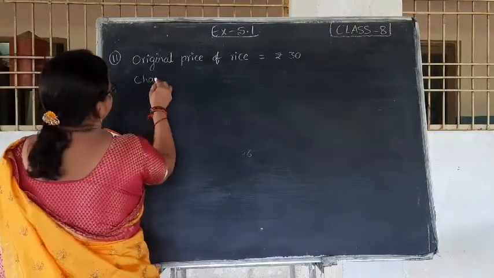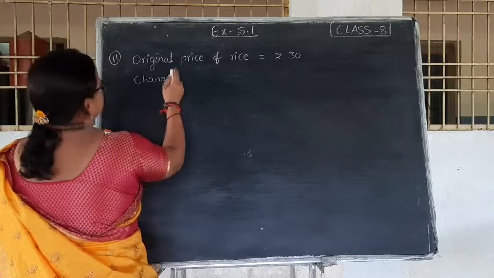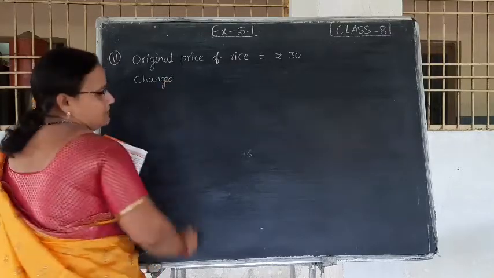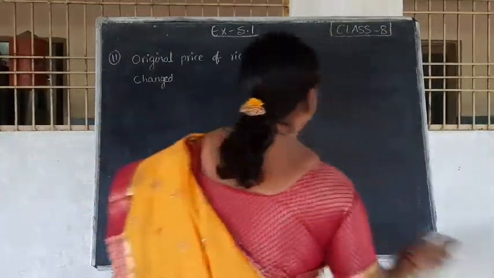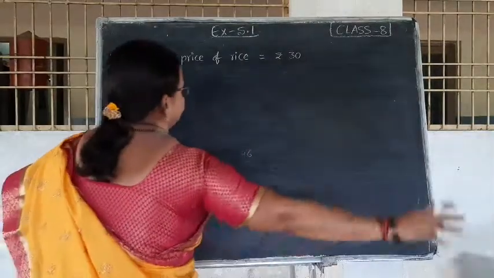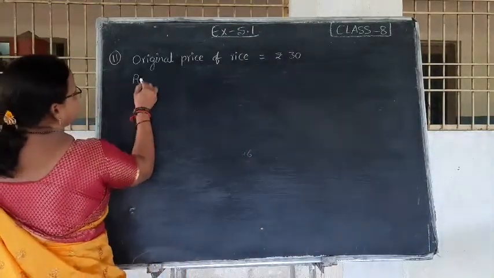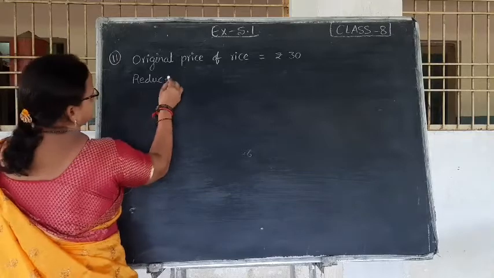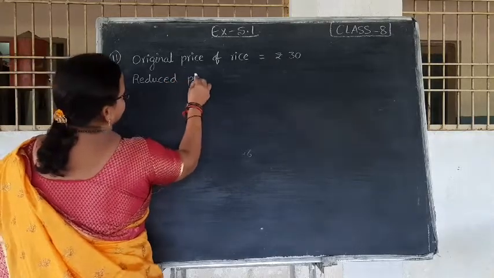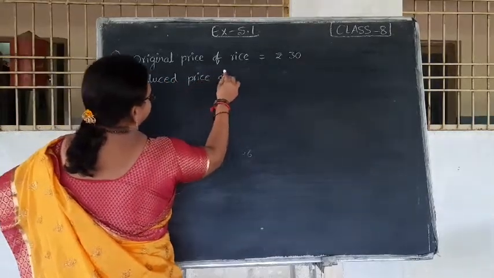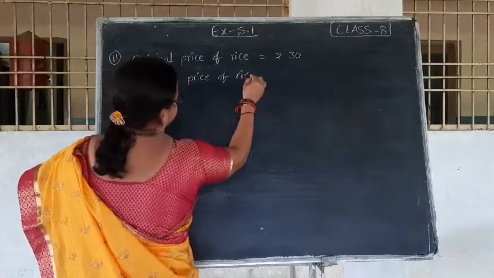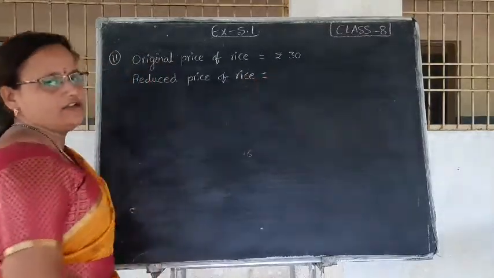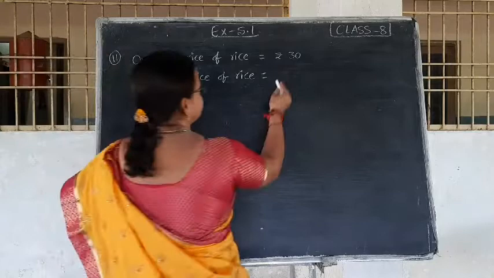So the changed price. First of all, find out the reduced price of rice. Here the reduced percentage is given, that is 5%.